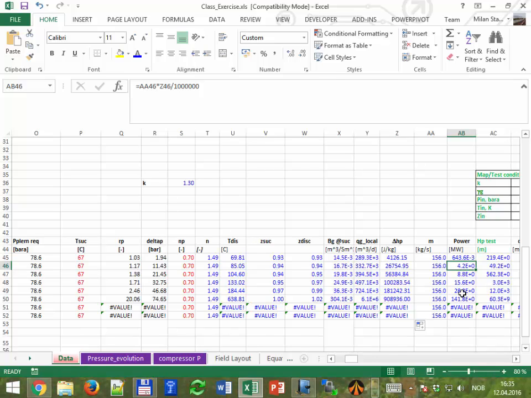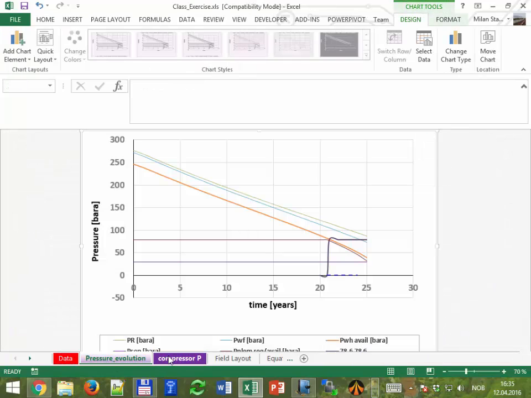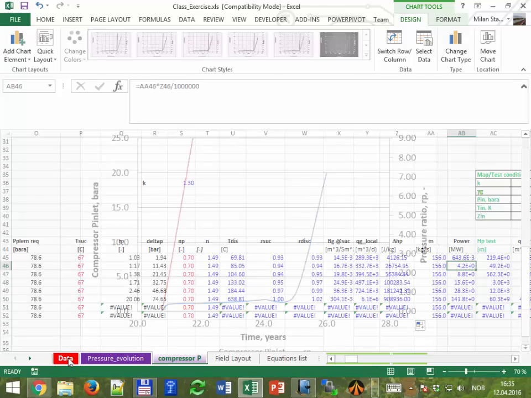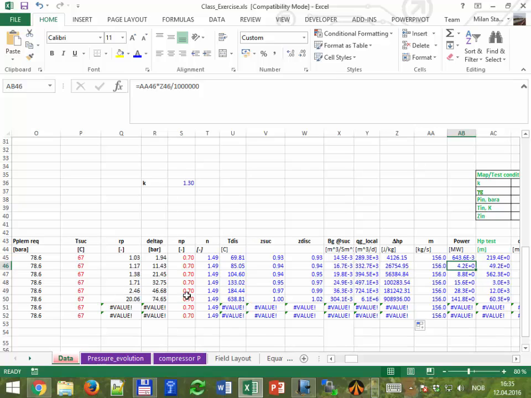Megawatts. Okay, so let's see. The delta P and the RP.